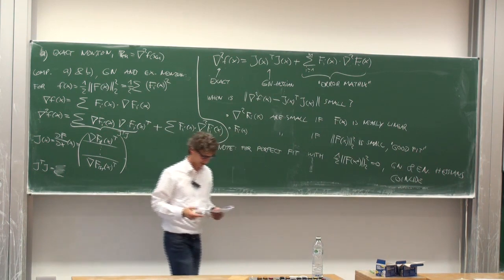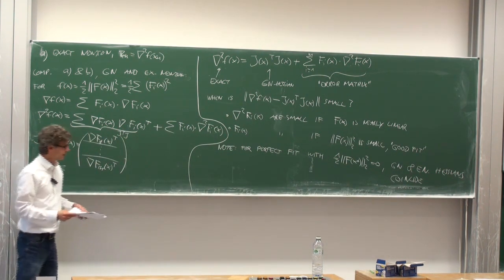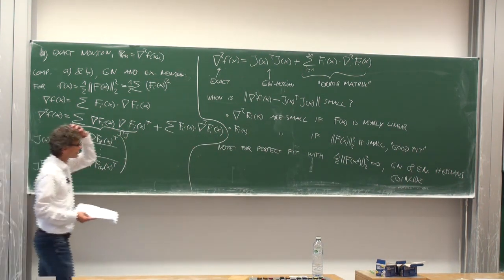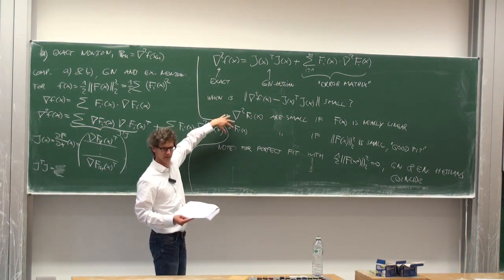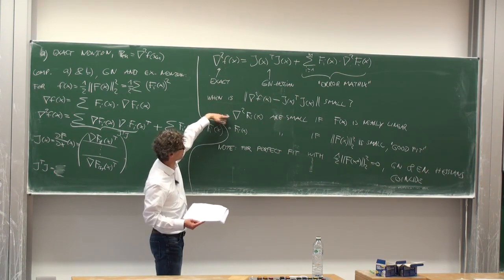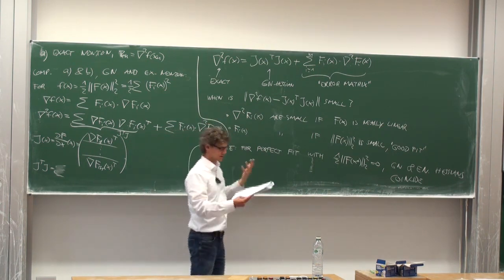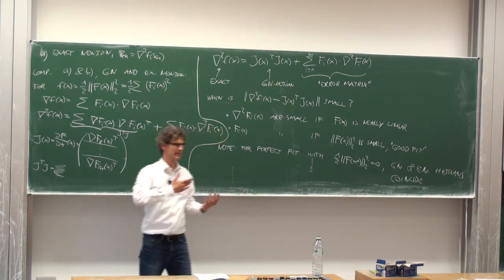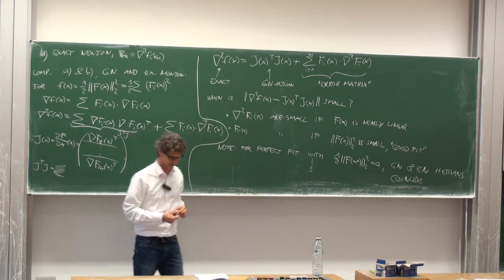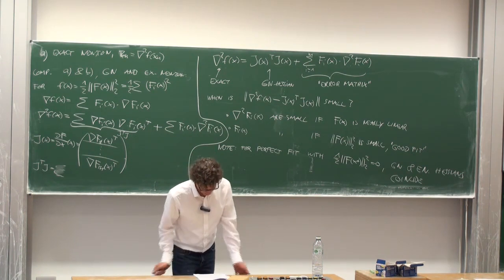So that's an interesting information I wanted to share with you. And the practical conclusion is actually that this Gauss-Newton method is giving you something similar to a Newton's method if either you have nearly linear models or if you have a good fit. And of course they are multiplied with each other, so your fitting error can be very large when you have a very linear model and the other way around, and then your method will still work well. But we come back to that.